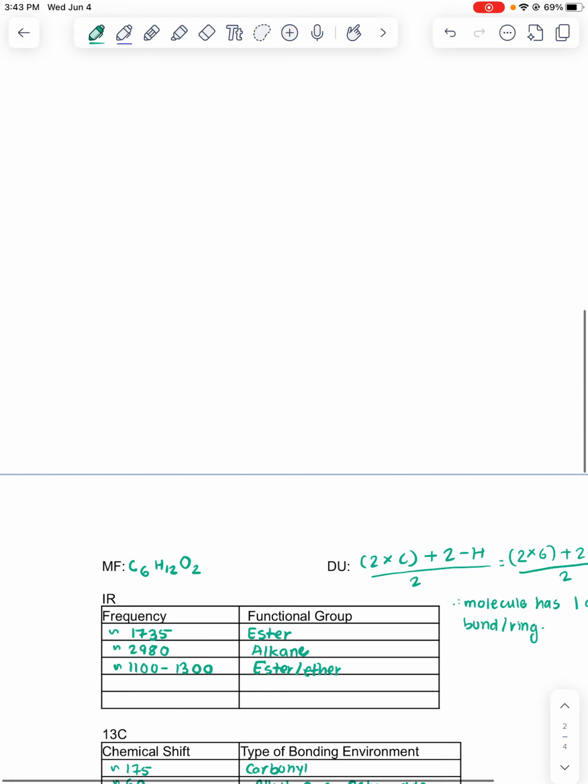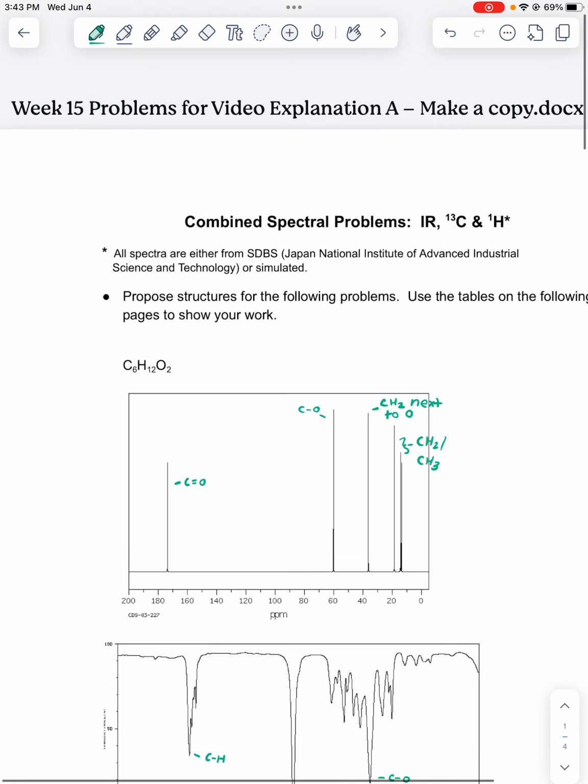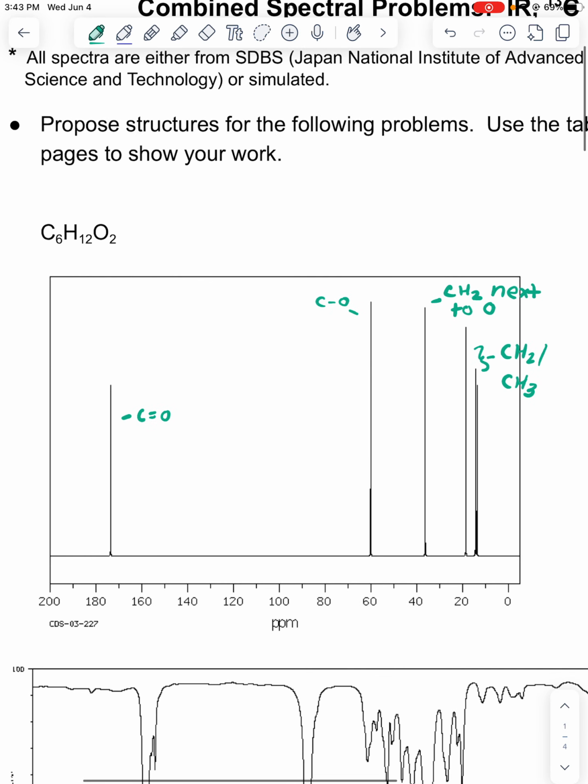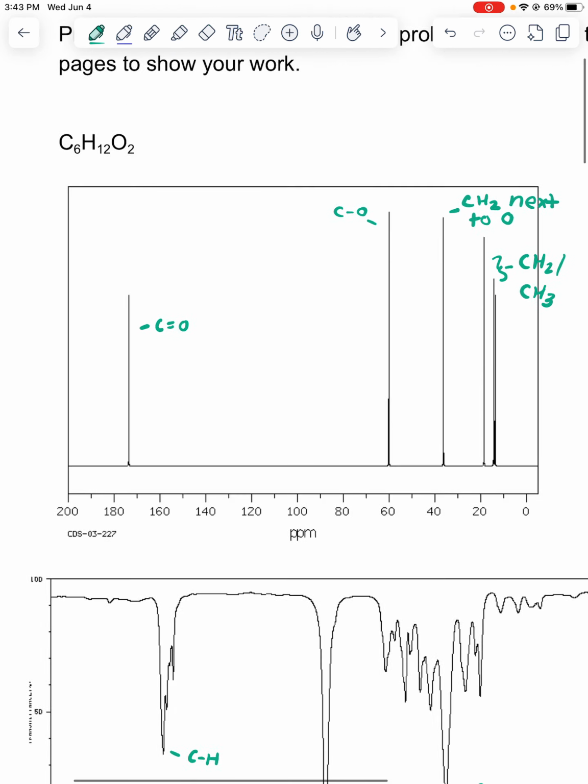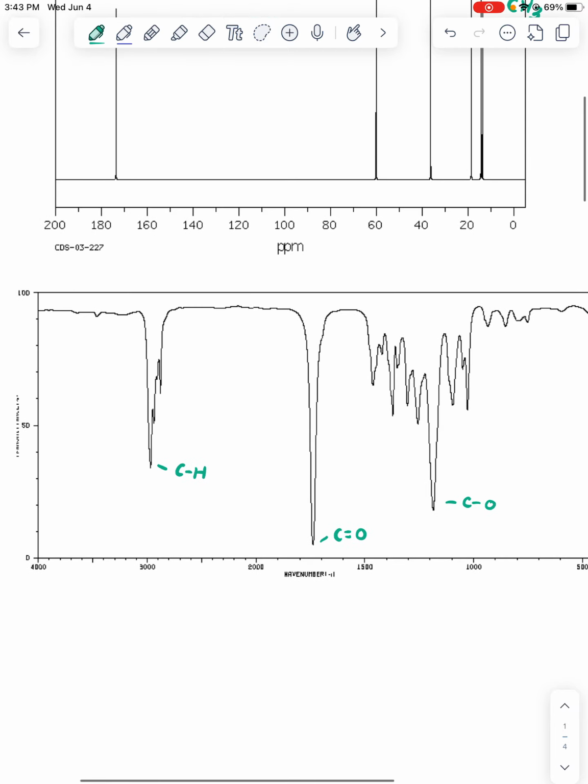Next, I looked at the IR spectrum, and we can see there's a strong sharp peak around 1735 cm⁻¹, which shows a carbonyl group, probably of an ester or a carboxylic acid.